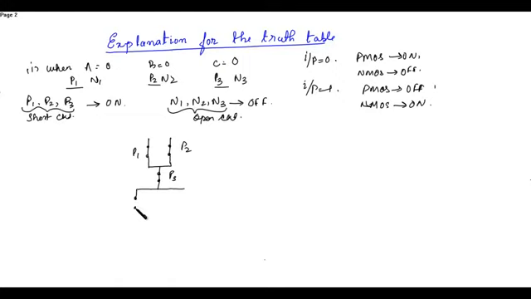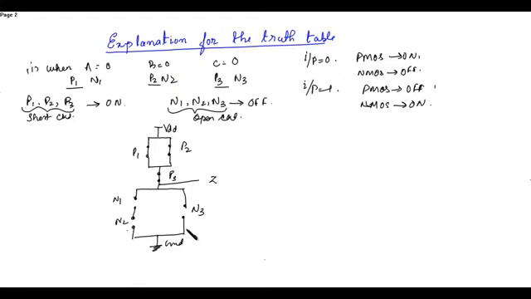Now N1, N2 and N3, they are open circuited. This is ground and this is VDD. The output is obtained over here, output Z.